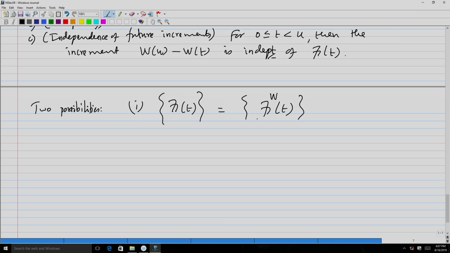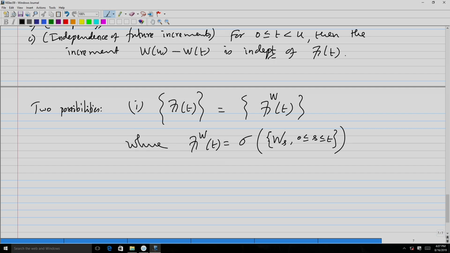Recall that F of t is the sigma field generated by the Ws, for s up to t.